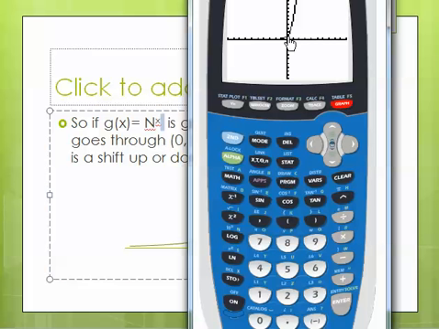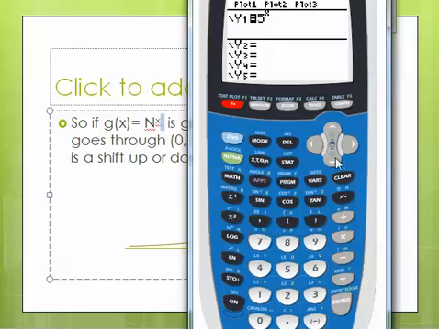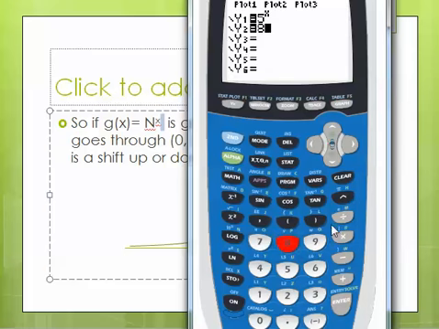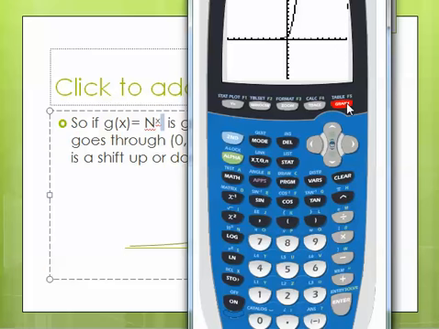Now I want you to notice it's going through the number 1 right here. It's going through (0, 1). If I try this again and say, what about 8 raised to the x power, and hit graph, what do I get? Well, it does something very similar. It's a little bit inside, but it's still going through (0, 1).